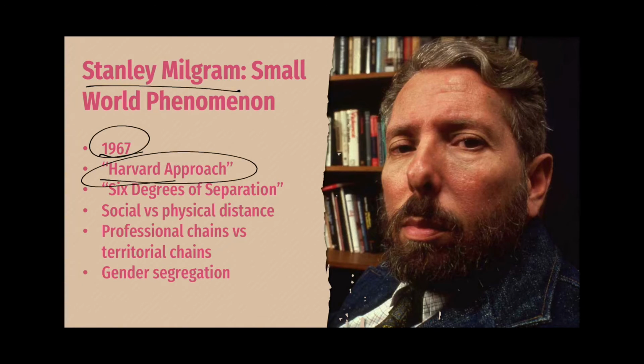So they identified person A, the starter participant, and the target participant. The target participant should not be known to the starter participant. And the experimenters told the starter participants, you have to make sure that this envelope or this mail gets to the target participant. But the target participant is not known to the starter participant.